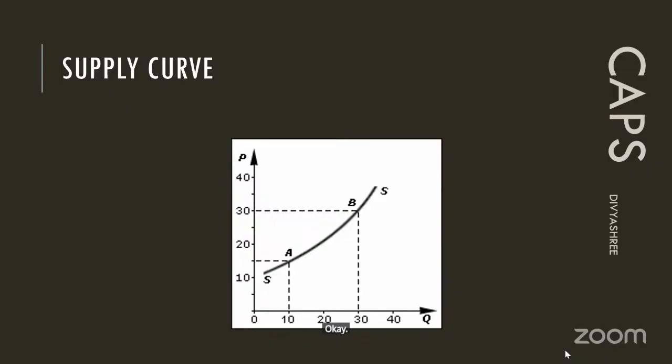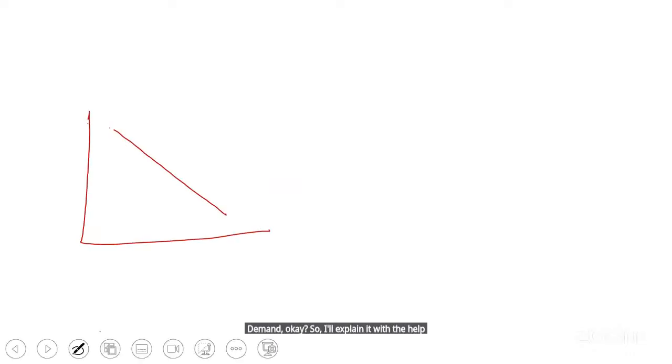Okay, next is movement along the supply curve and shifts in supply curve. Once you know the demand, it is easy to understand. It is exactly opposite to the demand. So I'll explain it with the help of the demand.